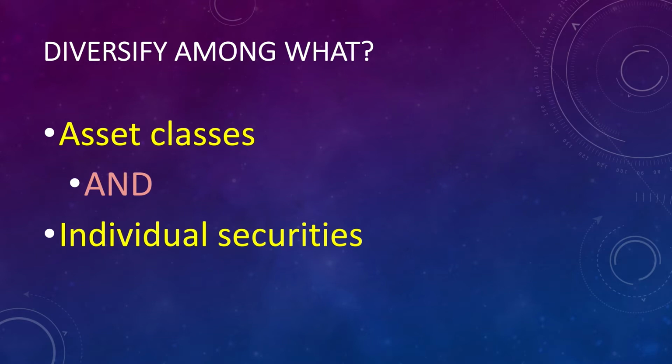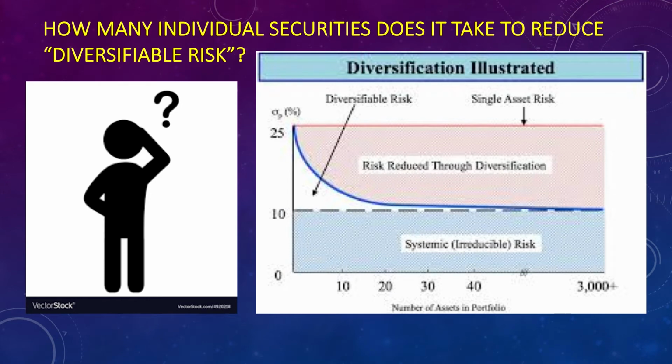Now, how many individual securities does it take to reduce what's called idiosyncratic risk or diversifiable risk? And actually what you see is, by a lot of investment managers, portfolio managers, especially those associated with banks and trust companies for some reason, a lot of times they'll run portfolios that have like 30 or 40 stocks in it.